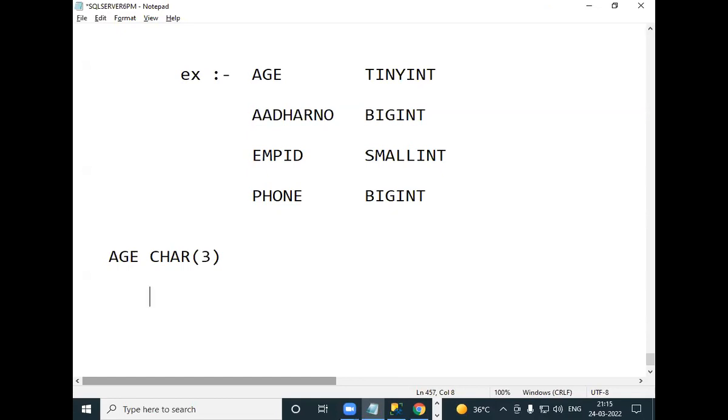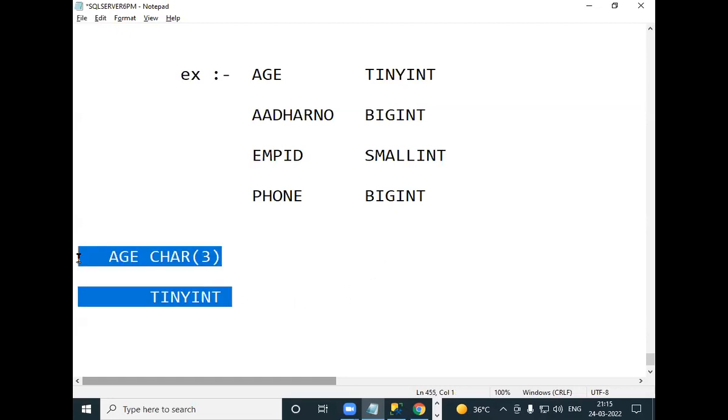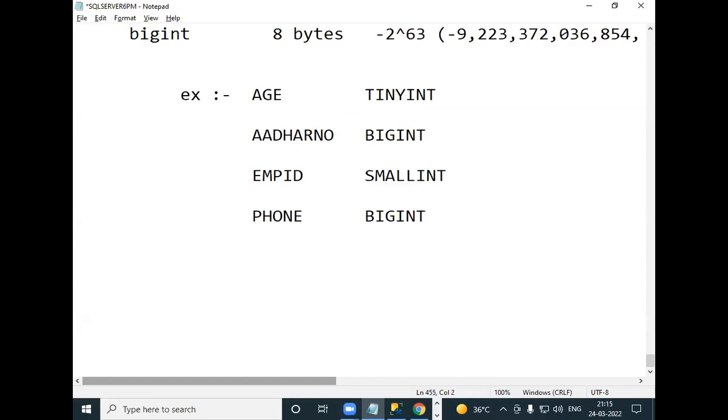Suppose I use tiny int. If I use tiny int, how much memory is allocated? 1 byte. So which is better? Tiny int is better. If it is numbers, better to use numeric data types. Don't use character data types. Character data types take more memory than integer data types. Got it?